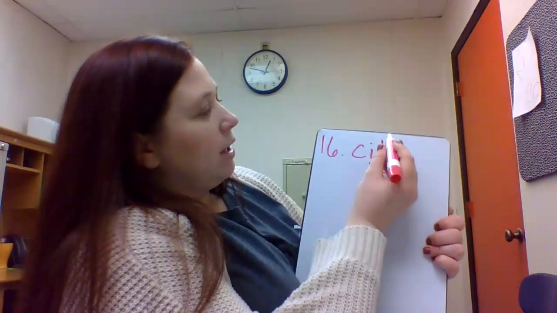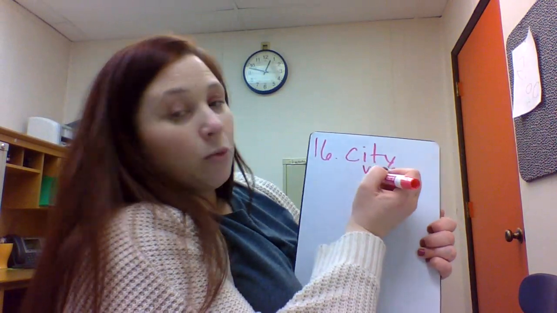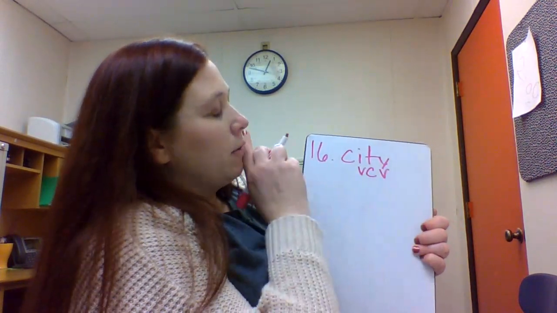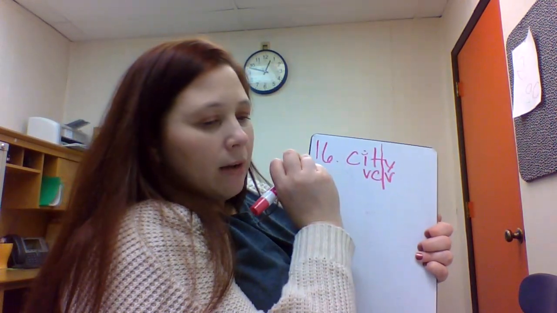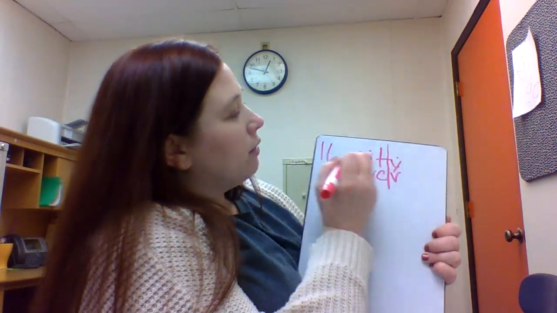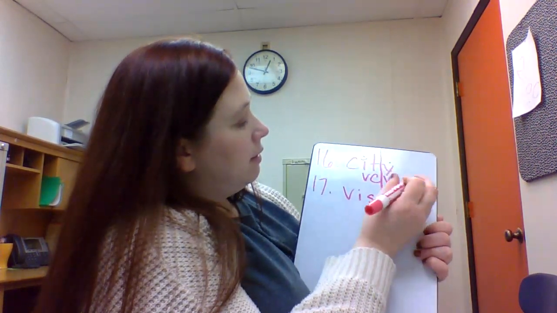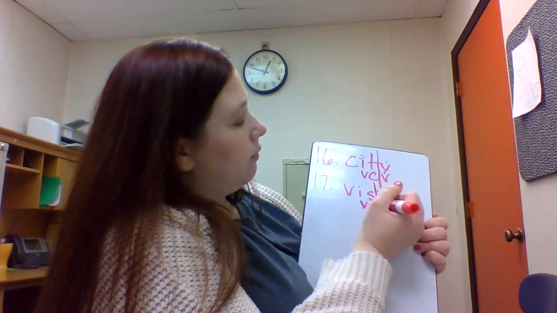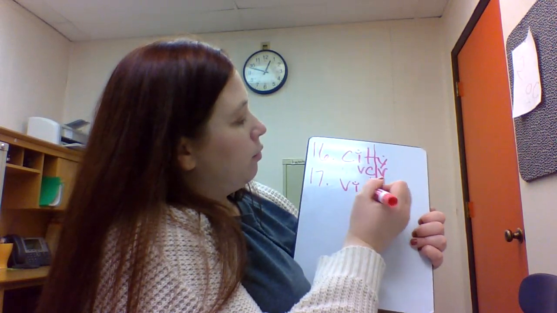So if we wanted to draw our line here in the wrong place, it would be city, and we know that's not the word, so we're going to draw it here, and then our I will get a breve. And our Y is going to get that little dot on the top. Number 17, we have visit. Vowel, consonant, vowel, and we'll draw our line here after the first consonant. Breve and a breve. Visit. Otherwise, it would be visit.